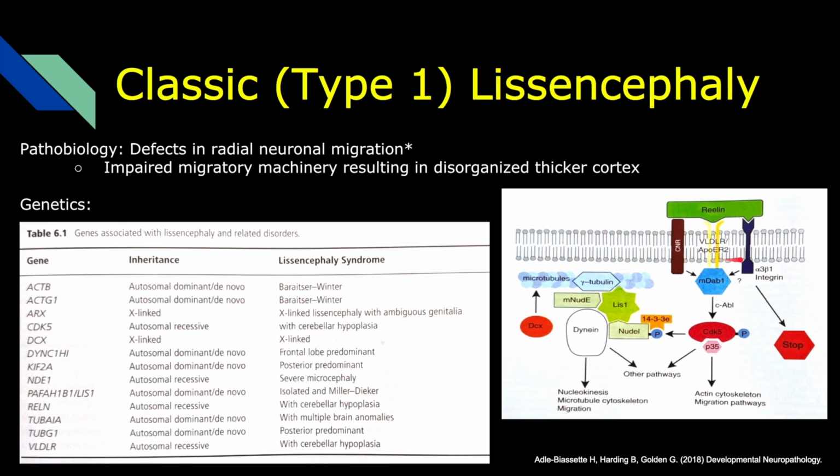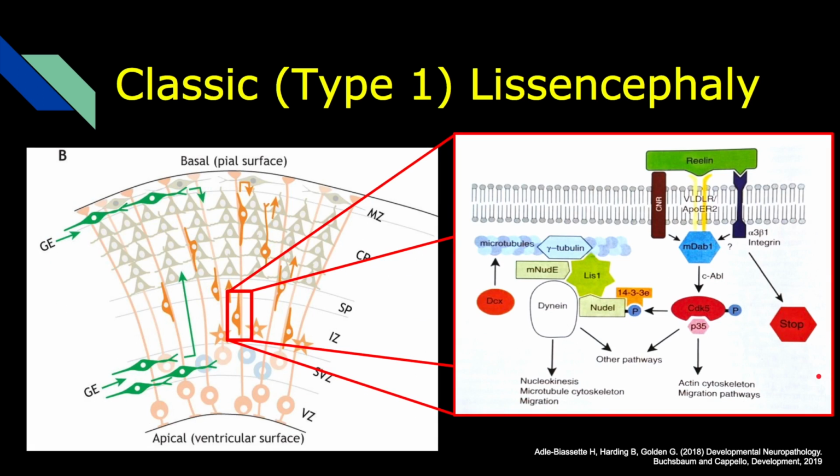So imagine this is the molecular machinery on these migrating neurons, and really the way these cytoskeletal proteins work is by pulling, not only extending the leading process, but also pulling the nucleus as the neuron migrates.